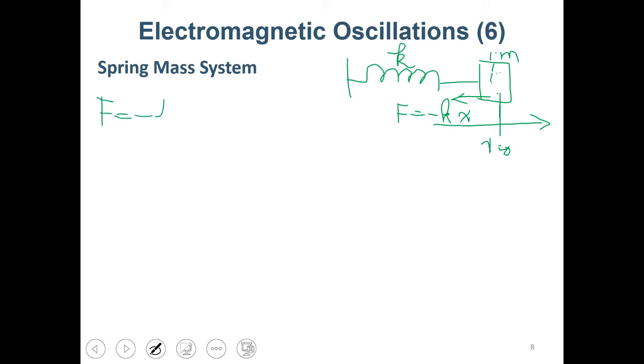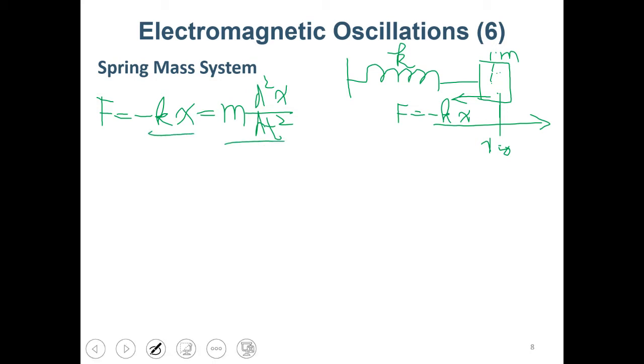And according to Newton's second law of motion, we know that F is ma, and a is actually the second derivative of the displacement.